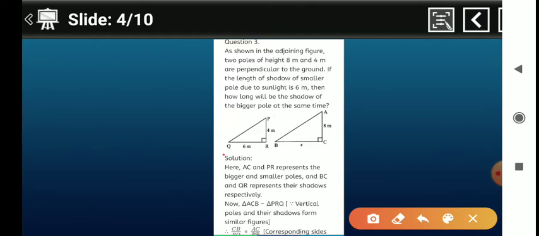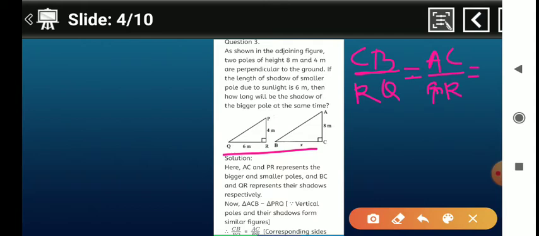If these two triangles are similar, then we have the ratio CB upon RQ is equal to AC upon PR, and again this is equal to, we can write the third side, AB upon PQ, but we don't need this one, so we neglect this.